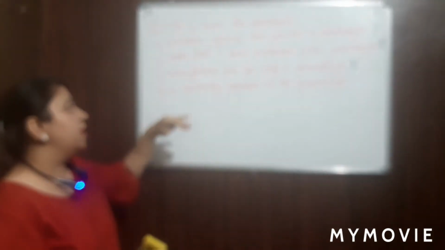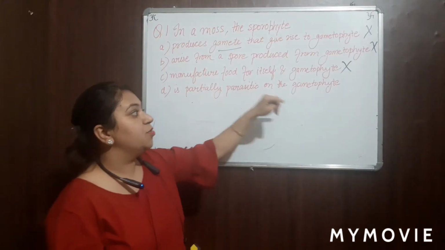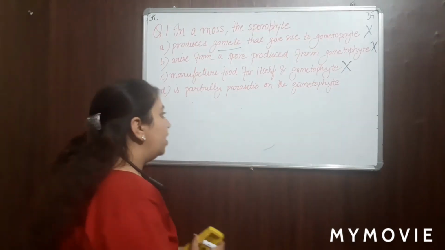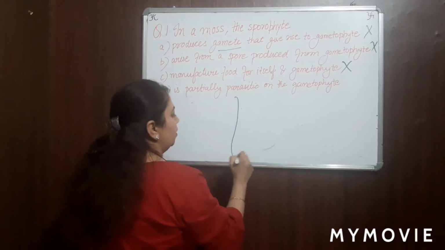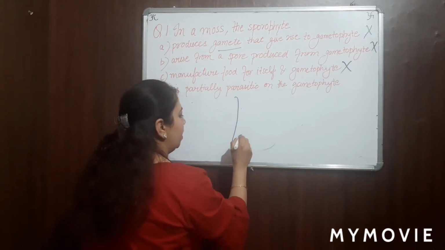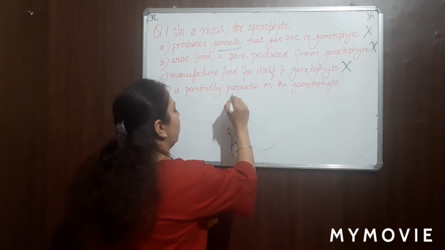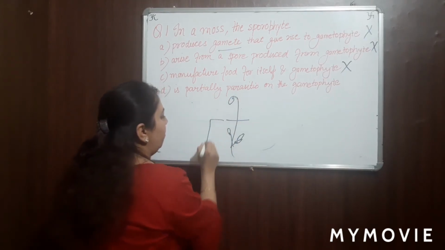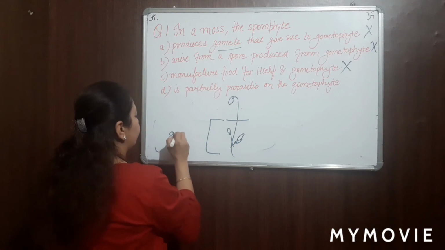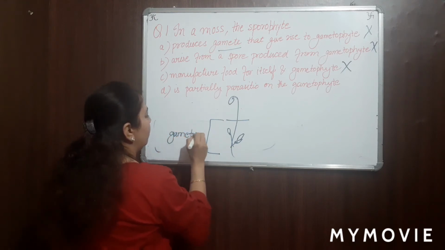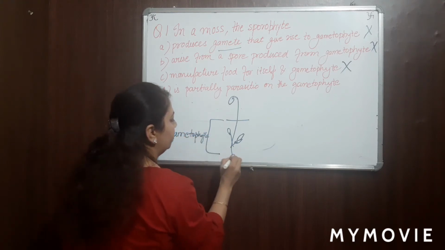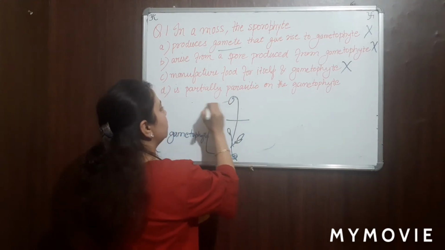Now the last point is partially parasitic to the gametophyte. Well, if we see, this is a moss and this part, this is a capsule. This part is what? Gametophyte. These are rhizoids. This is capsule.